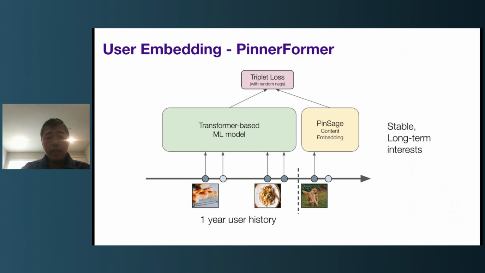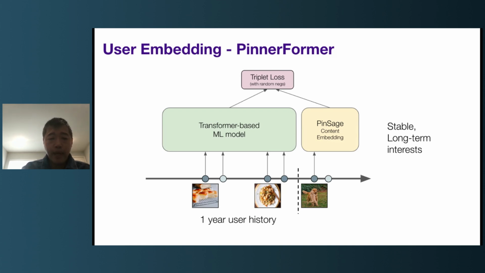The answer here is that we can generate user embeddings according to our pinners' past interaction history. So we have a transformer that encodes their past activities and uses those to predict their future actions on pins, where the pins are represented by PinSage embeddings.